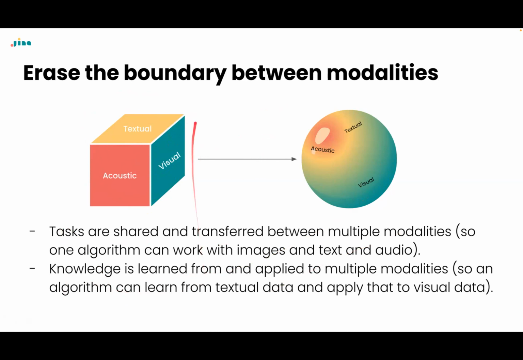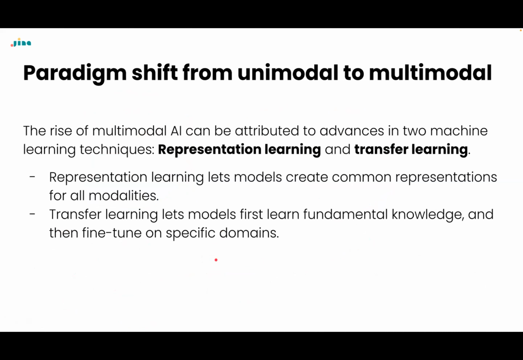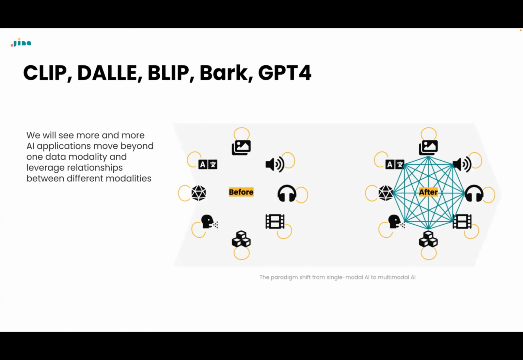Knowledge that we learn from NLP can be applied to computer vision and vice versa. And of course, we all know that representation learning and transfer learning play a very important role in this paradigm shift. I believe that from now on, especially in the industry, we will see more and more AI applications that move beyond their own modality and explore the cross relationship between different modalities.